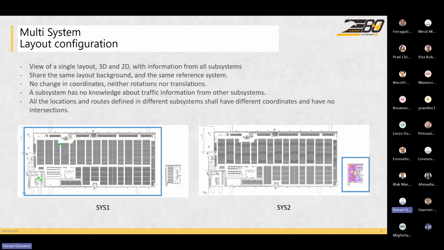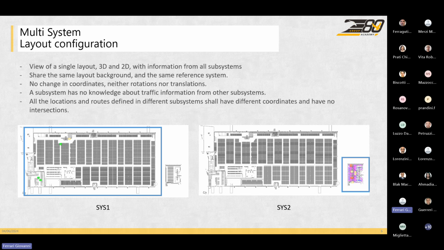Okay. The fact that we need to have a common background comes from the fact that, from a web UI perspective, we are always going to have a single layout in this first version of multisystem. So when we open the web UI, we know that we have the 3D and 2D visualization of the layout. That's always only one page that will show all the information from all the systems.